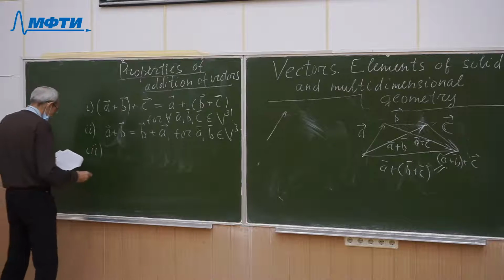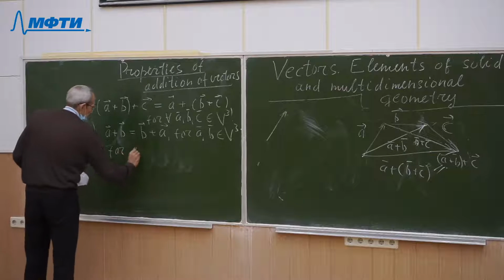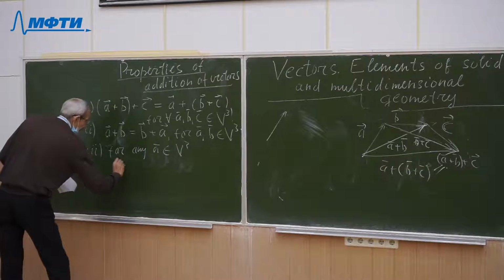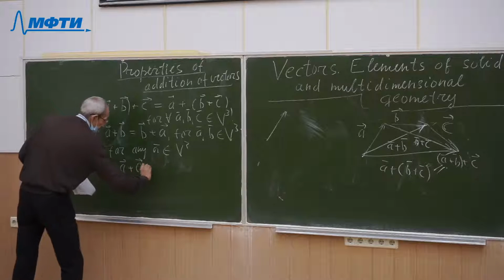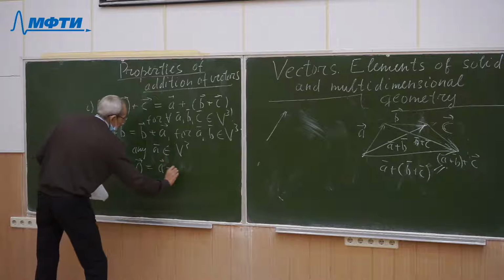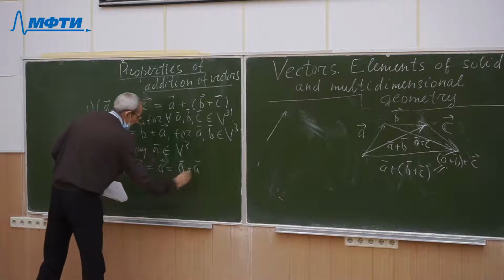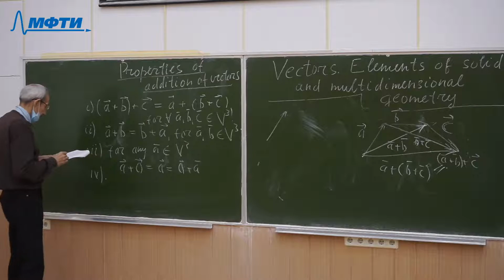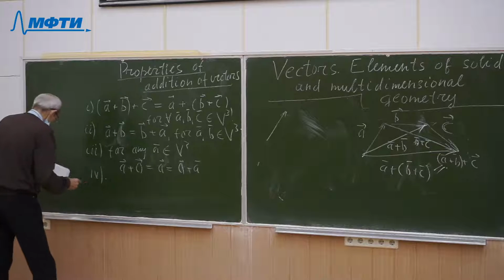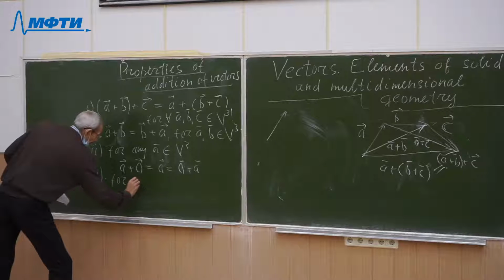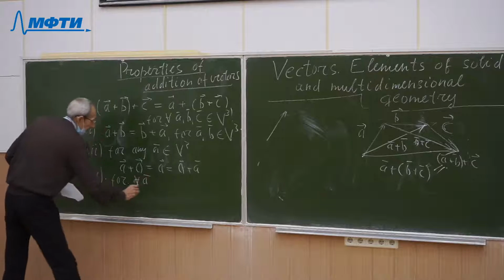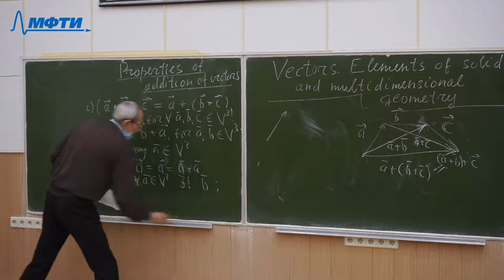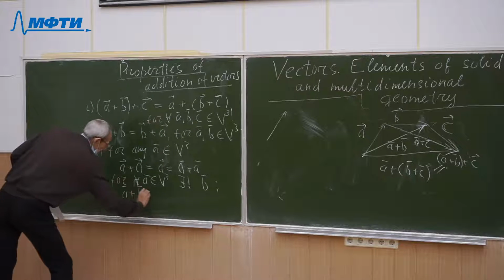Third property, for any vector A, we have the sum A plus 0 is equal to A, is equal to 0 plus A. And the fourth property, for any vector A there exists a unique vector B such that A plus B is equal to 0.